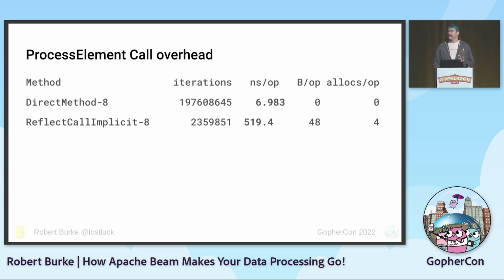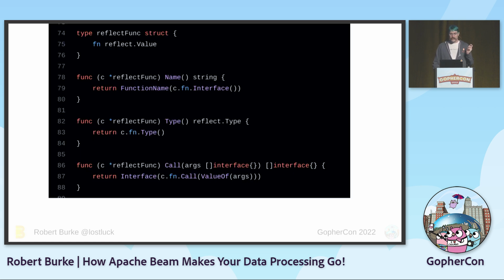But in order to make it better, first, we need to make it worse. We need to add some indirection. In this case, we decided to indirect through interfaces, and specifically slices of interfaces. You'll note that our call method at the bottom there is very similar to reflect.Value's Call method, but instead of slices of reflect.Values, it uses a slice of interfaces.